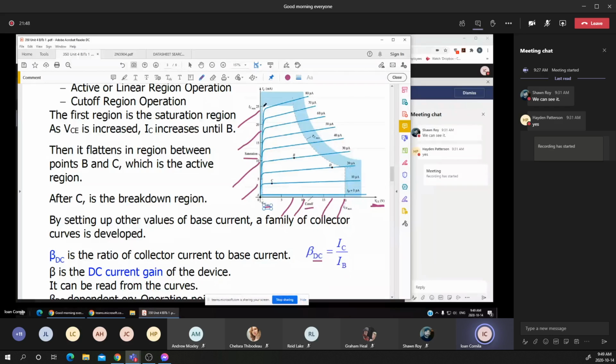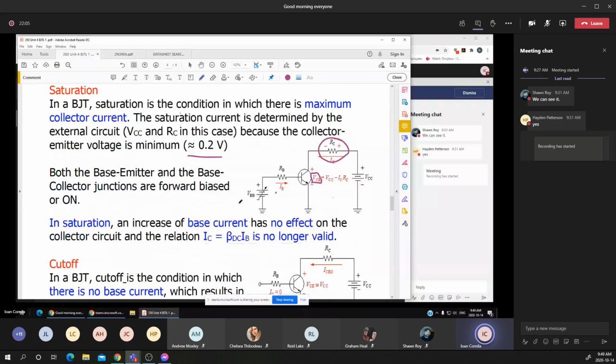Again, practically, this voltage is close to 0 or 0.1, 0.2 volts, means that we can neglect this collector emitter voltage or saturation voltage, or we can make the assumption that the collector emitter voltage at saturation is equal to 0. Means that we can determine what is the maximum current that flows through the transistor when a voltage VCC is applied to the circuit and is actually limited by the resistance RC.